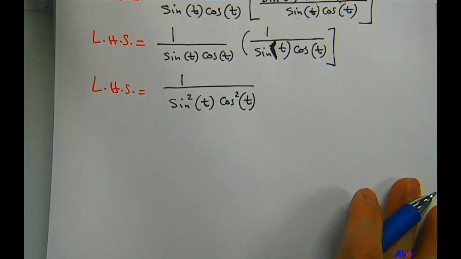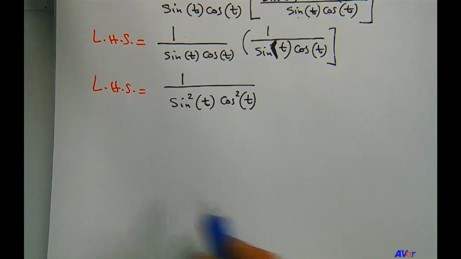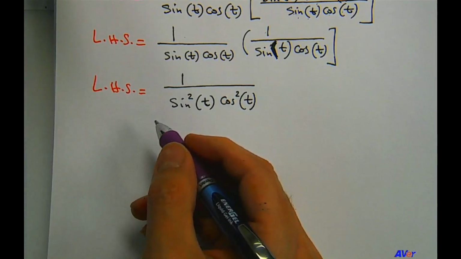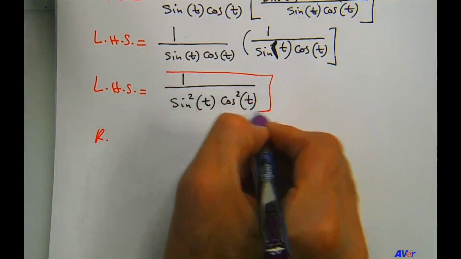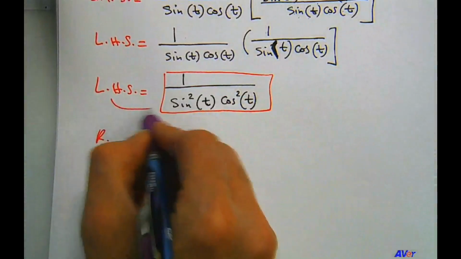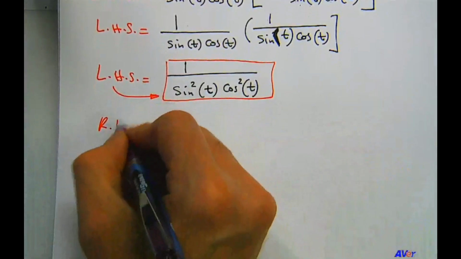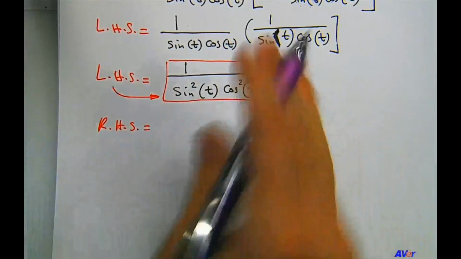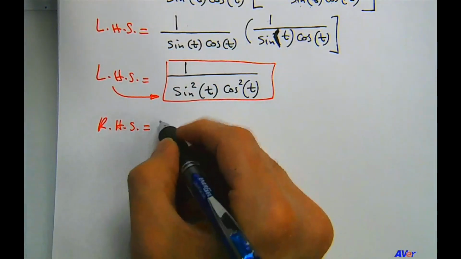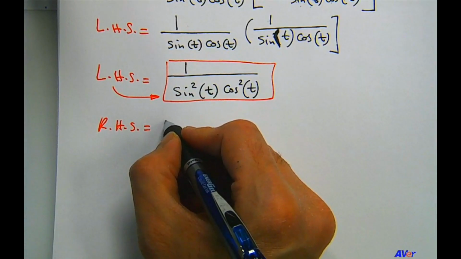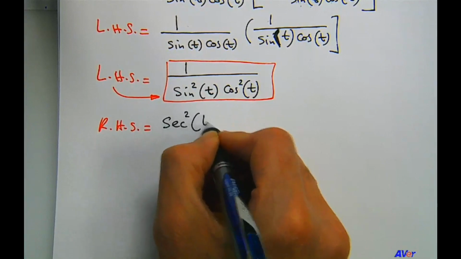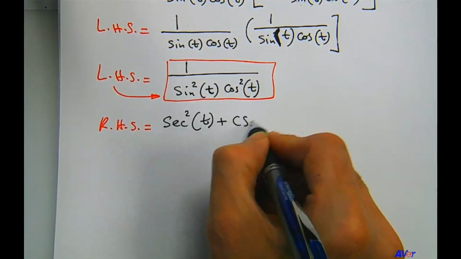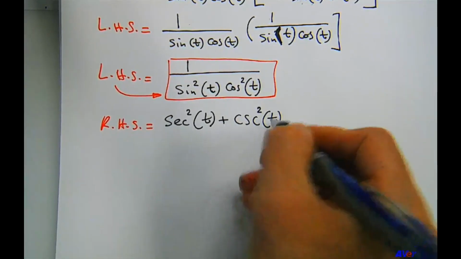So let's look at the right-hand side. So far we have that for the left-hand side. The right-hand side was, you don't see it, it's off the screen, but I'm going to write it down here, equal to secant squared t plus cosecant squared t.